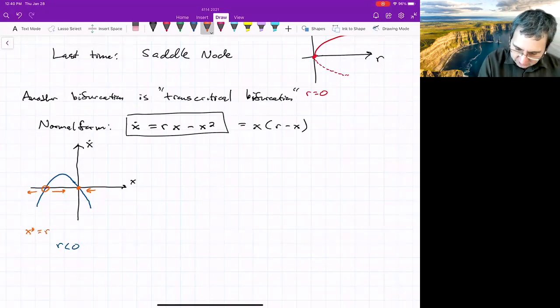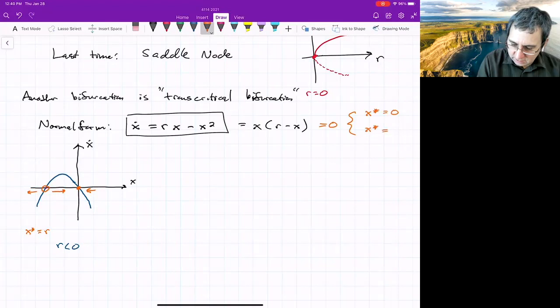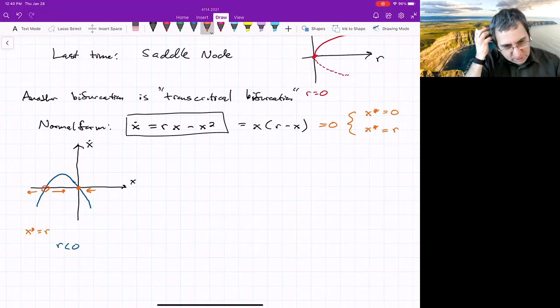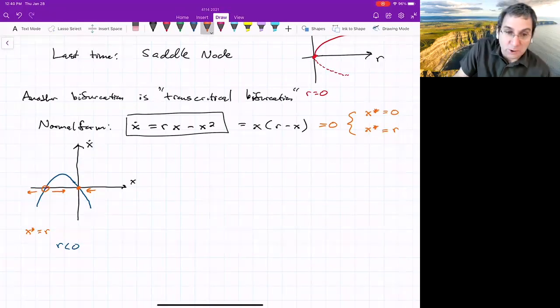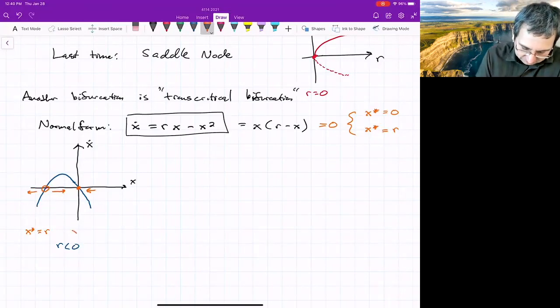If you set the x dot equation equal to 0, you get that there are two equilibrium points, 0 and x star equals r. 0 is always an equilibrium point for this case. And where might this happen? Population dynamics. If there's no population, it's not growing, so it's an equilibrium point. So here we have those two equilibrium points.